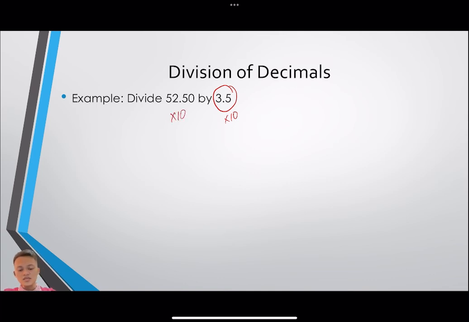So, that will be 525 divided by 35. Kasi nag-move tayo ng isa dito, nag-move din tayo ng isa dito. So, 35, ito naman ay 525 kasi yung 0, wala na siya. Okay? So, we are going to divide 525 divided by 35.